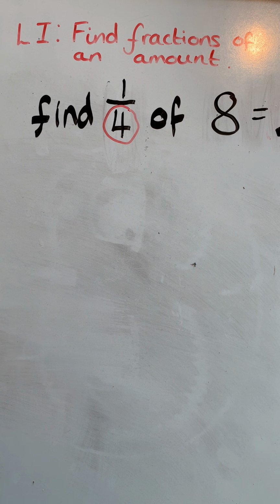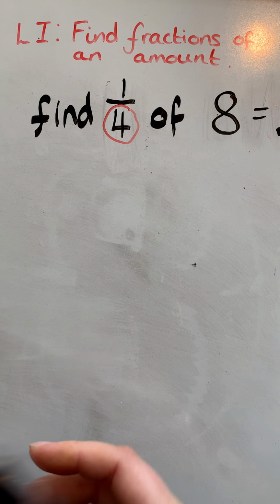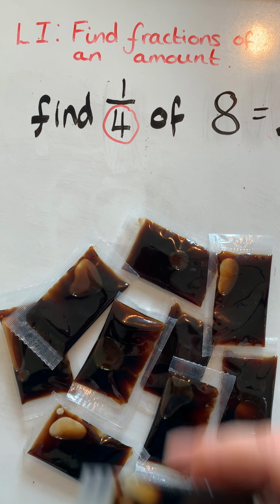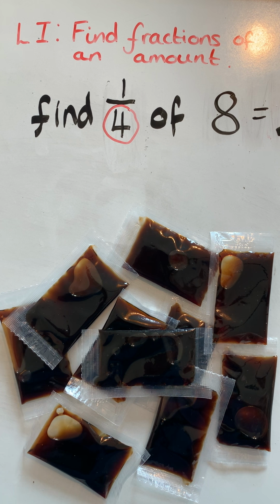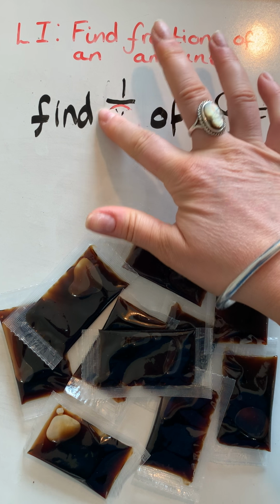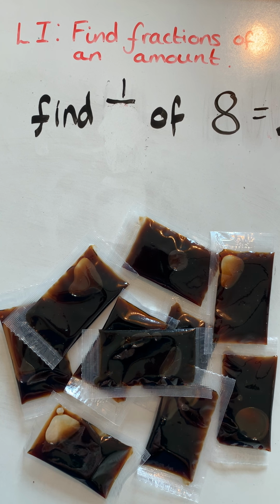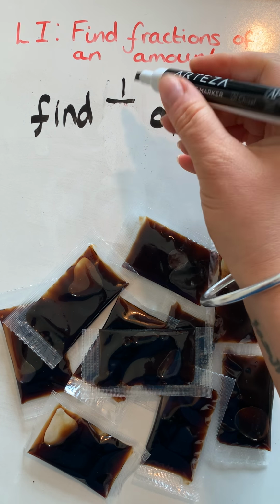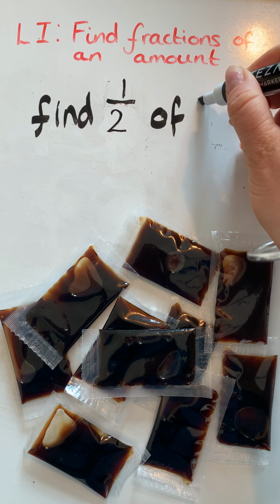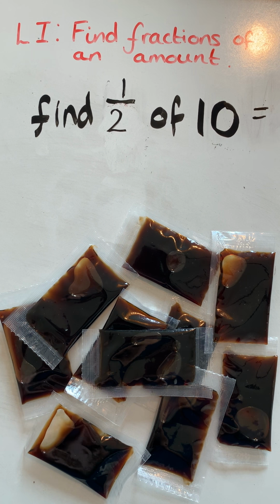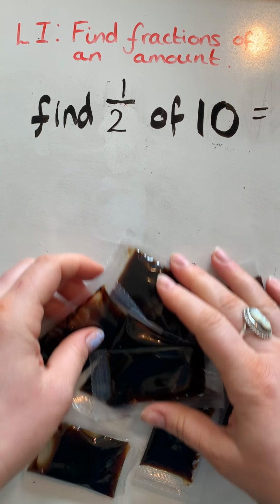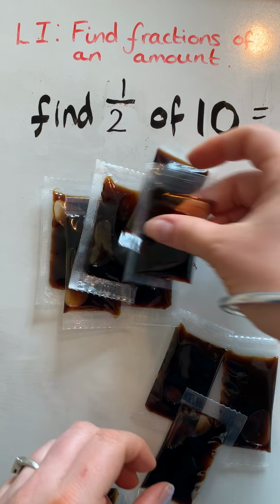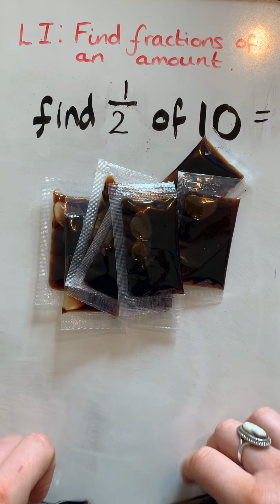Right, so this time we have got 10 sachets of soy sauce. And I think what we're going to do is find half again. So half of 10. We'll just check that there definitely is 10 here. So we've got 1, 2, 3, 4, 5, 6, 7, 8, 9, 10.